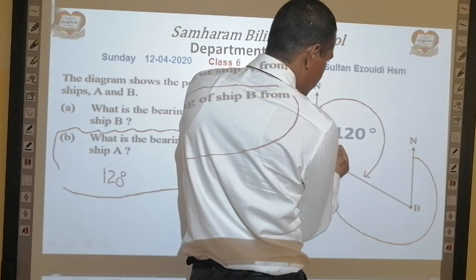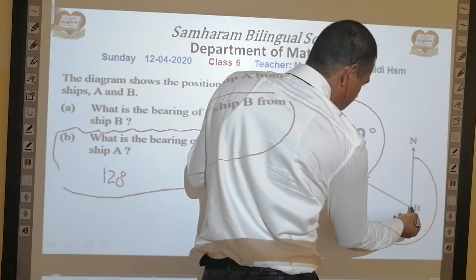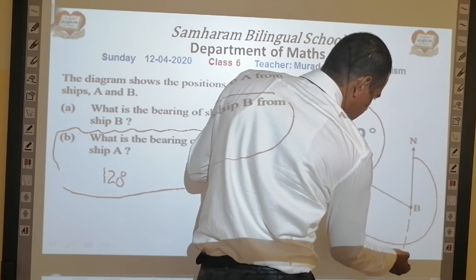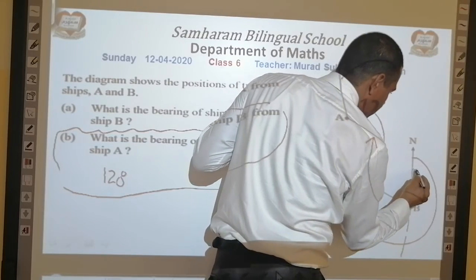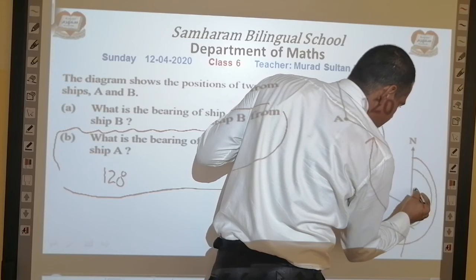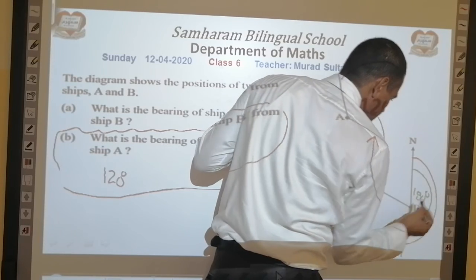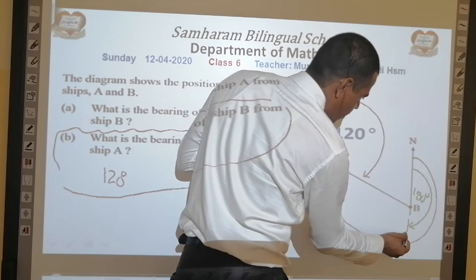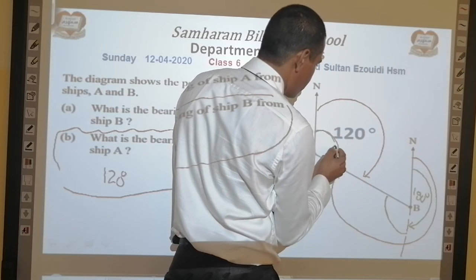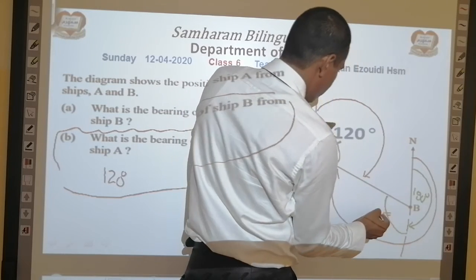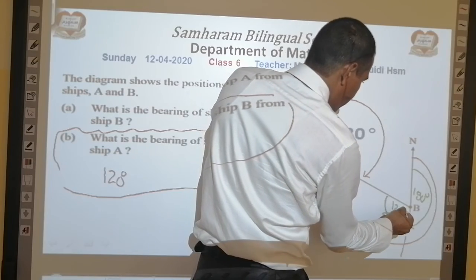This is 120. And this one, I will extend this one. This is also, my kids, 180. And this angle and this are alternate angles, are equal. Means this is also 120 degree.